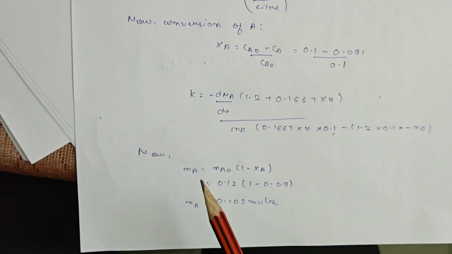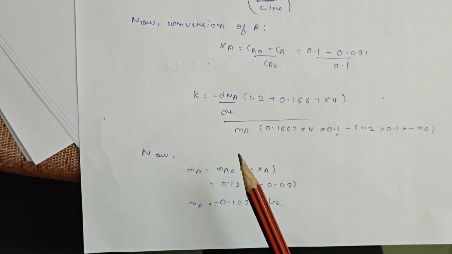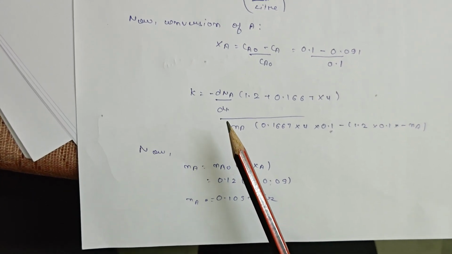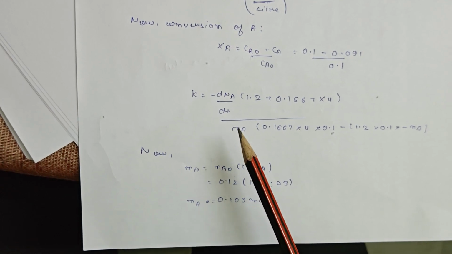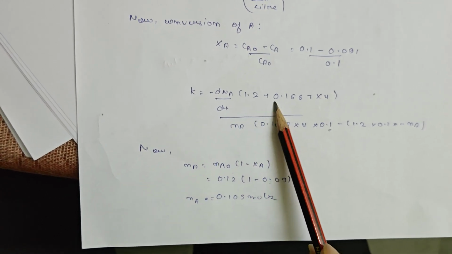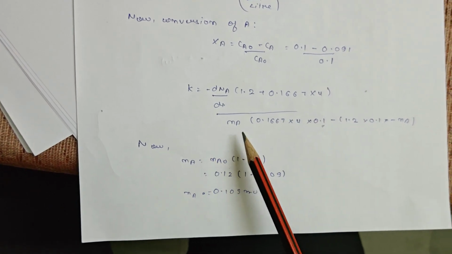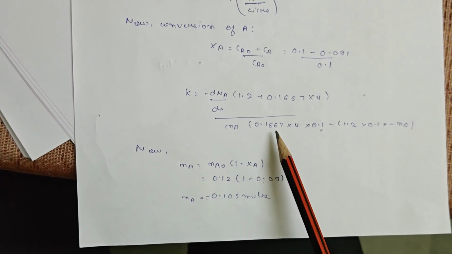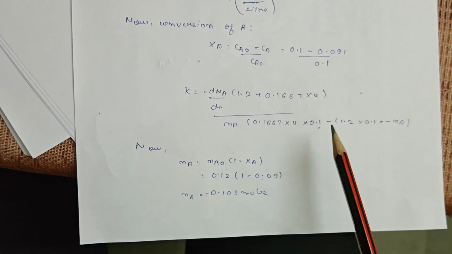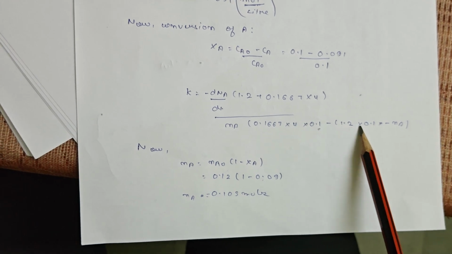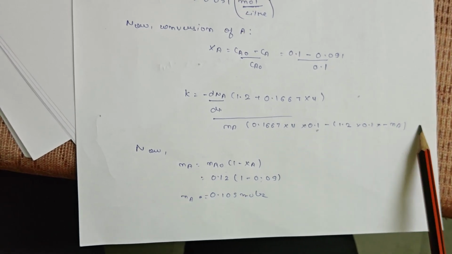As discussed earlier, for the value of k, we will substitute the values of the above data here, and we get it as minus dNa/dt into 1.2 plus 0.1667 into 4 upon Na into 0.1667 into 4 into 0.1 minus bracket 1.2 into 0.1 minus Na.